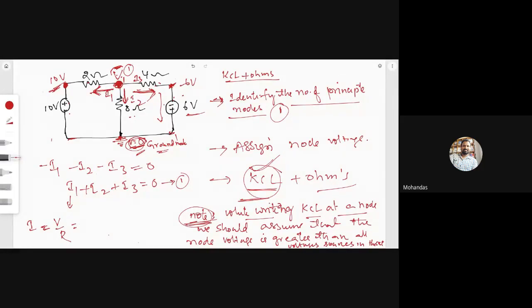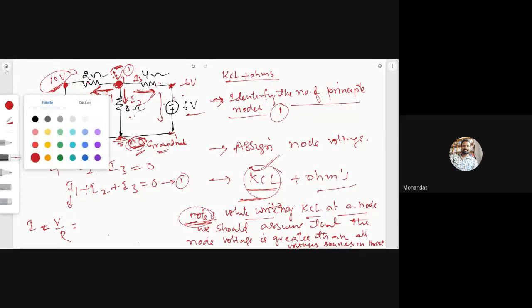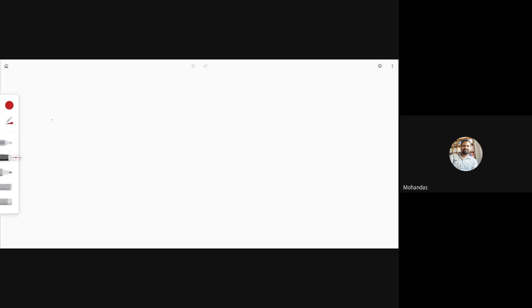If you have only this resistor and this voltage is V1, then you can directly write V1 by 2. But there is some potential of 10 volts. At that time, how do we write Ohm's law? I will explain. Listen carefully, all of you. Let me take another slide for easier understanding. Plus to minus.